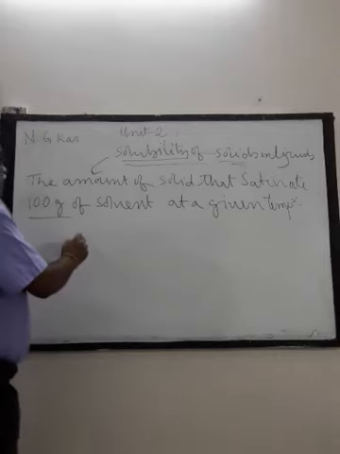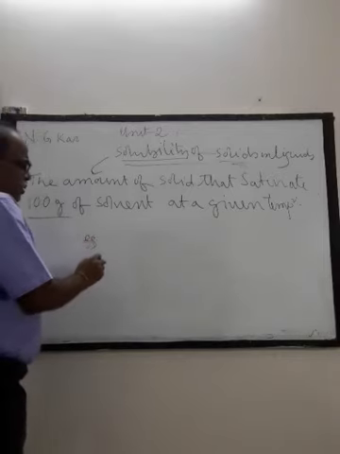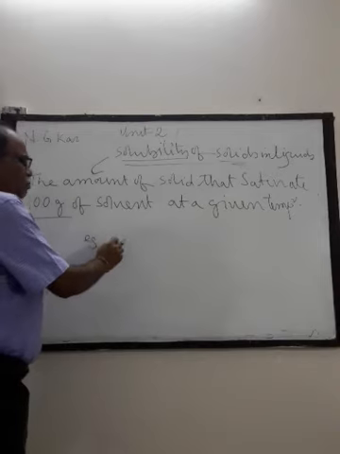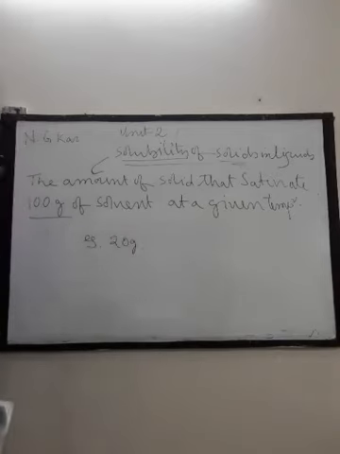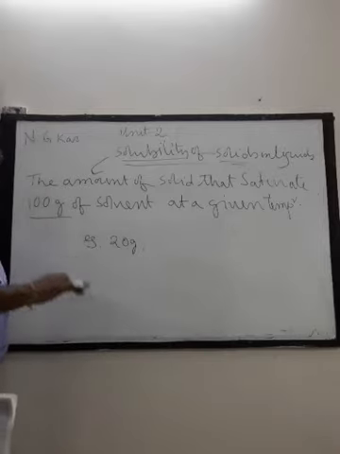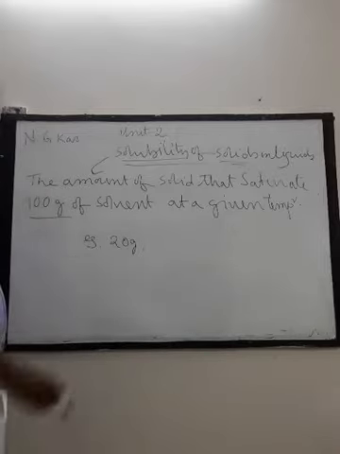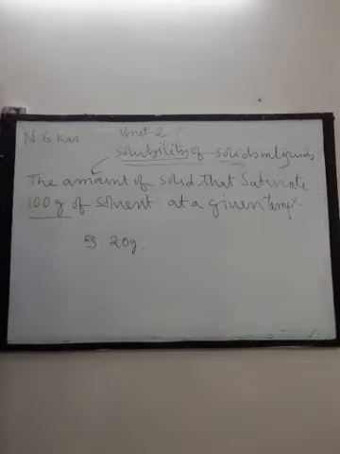For example, if solubility of sodium chloride is 20 gram, it means that 20 gram of sodium chloride required to saturate 100 gram of water.